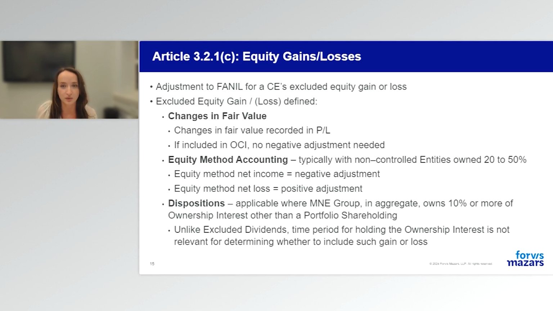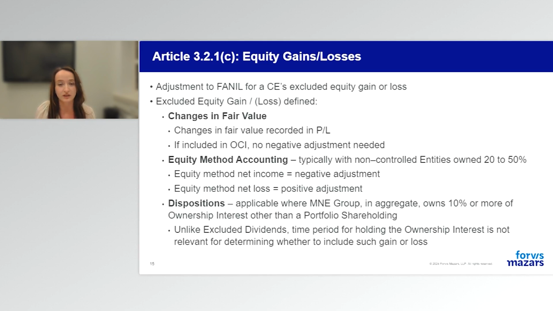And the last type is the excluded equity gains or losses, which includes the results of a disposition of ownership. This is specifically for the disposition of interest where the group holds 10% or more of the ownership interest at the time of transfer. This includes the sale of a constituent entity, joint ventures, and other non-portfolio shareholdings.